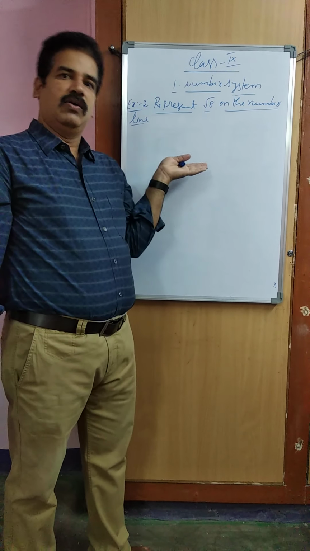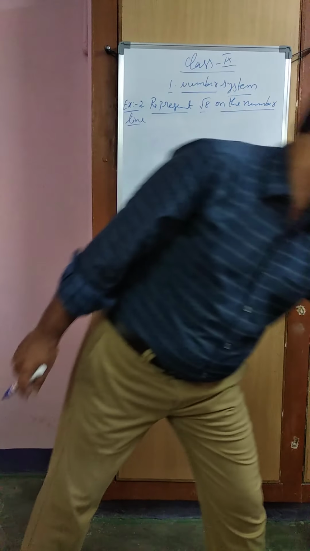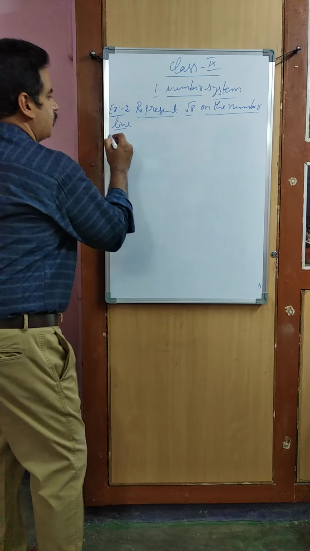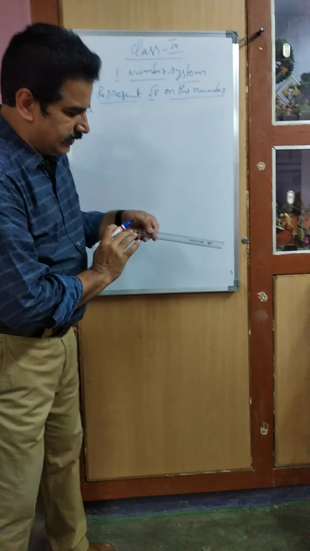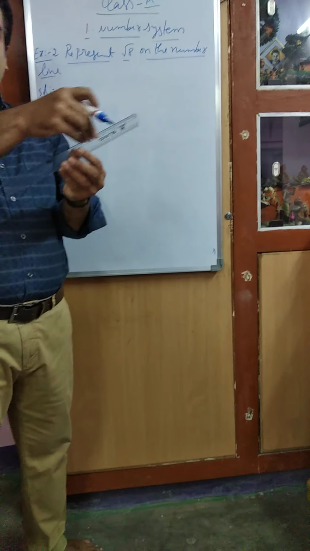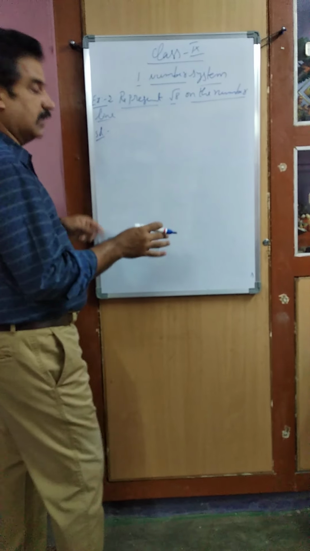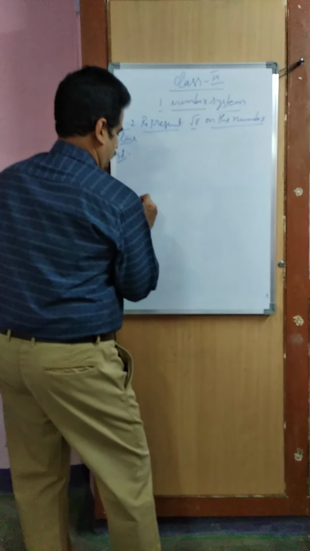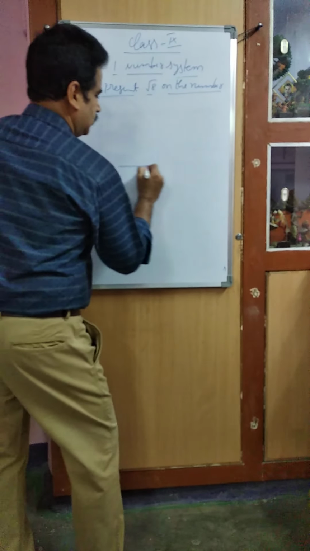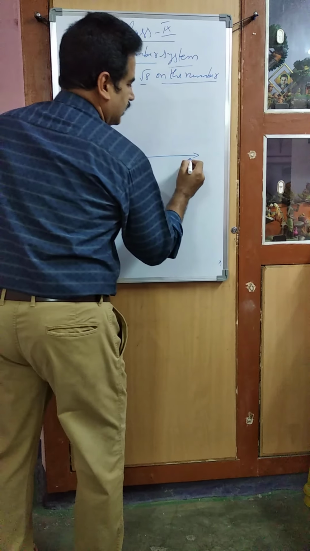Already we did root 5. Now I am going to do root 8. Solution. Again, don't take the centimeter side, it is very small, you take the inches side. So for root 8, on the base I have to take 2 units. First draw a ray using the scale and name it as OP now.